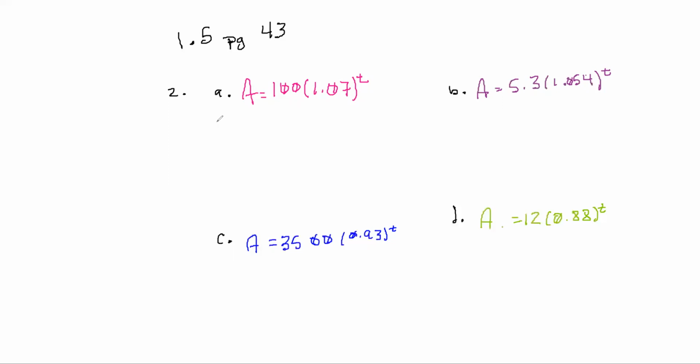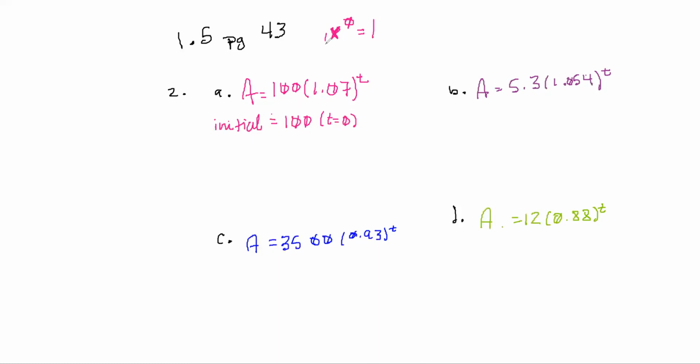Okay, yep. So our starting value is going to be 100. The reason for that is because t is equal to 0, right? If I have any number, I'm going to use this x to say any number, any number to the 0 is going to equal 1.